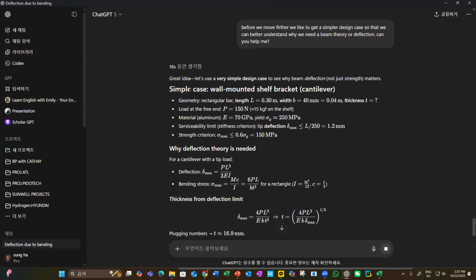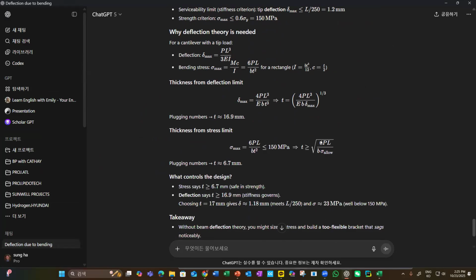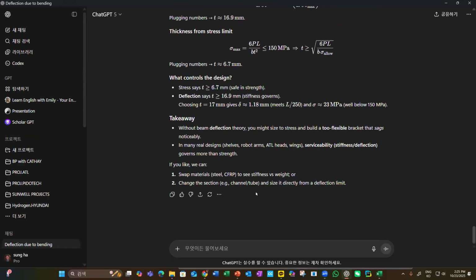Well, it says great idea, let's use a very simple design case to see why beam deflection, not just its strength, matters.